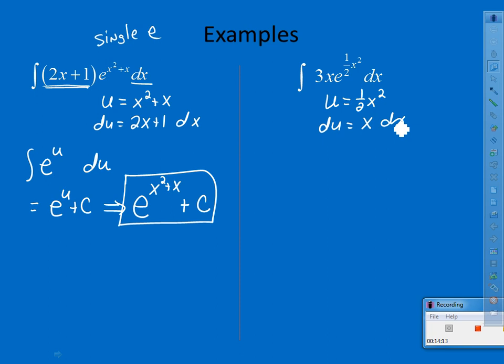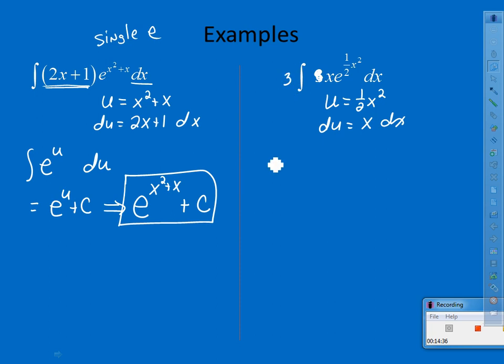And you got 2 ways to do this. One way, I need to turn this 3x into a 1x, so I could multiply by a 1/3, which means there's a 3 out here. That's one way. The other way is you could move this constant out here. Doesn't change anything. So no matter which way you do it, guys, there's going to be a 3 out here.